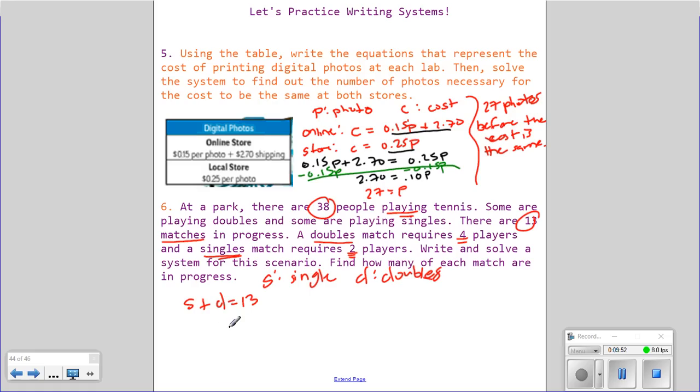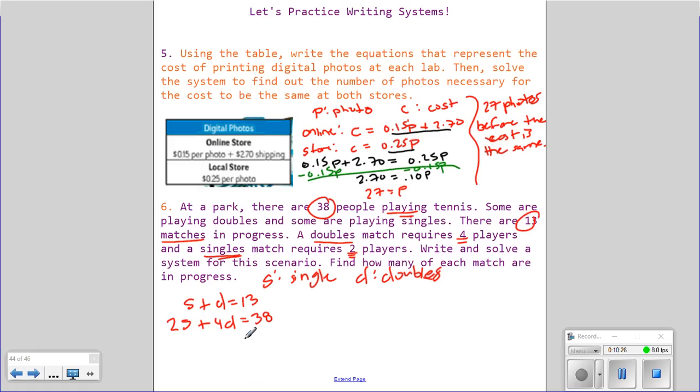Now here's where it requires a little bit of thought. We know it requires 2 players per single, and when it's 2 per, that's a multiplication implication. So that means 2 times S. And it requires 4 for doubles, so that's 4 times D. That'll tell me how many people in total are playing, so that total would be 38.